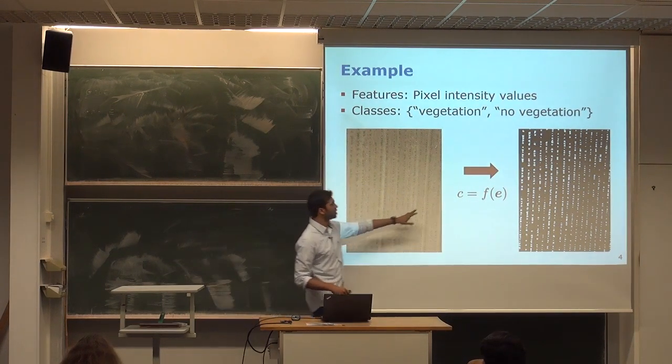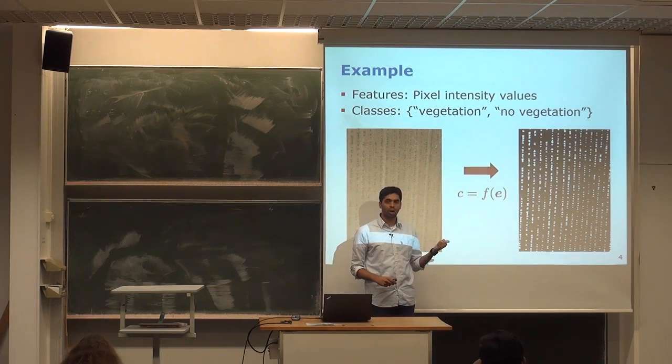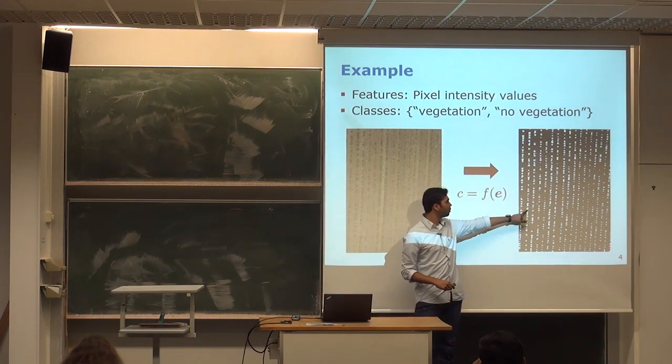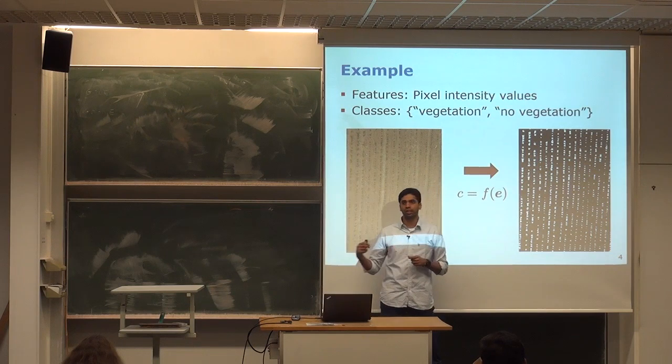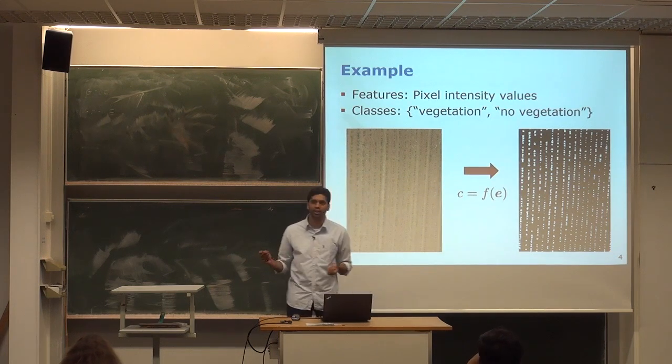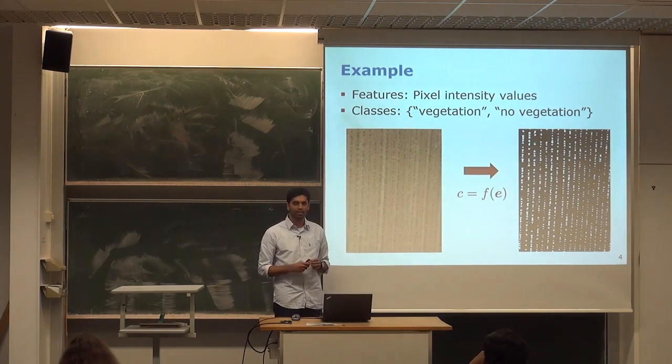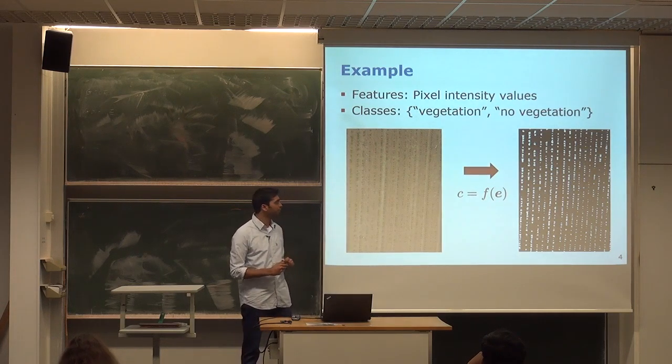In this case, the C would take a value of either 1 or 0. 1 would be the case where you have vegetation, and 0 would be the case where you have everything else, say the soil, basically everything else.